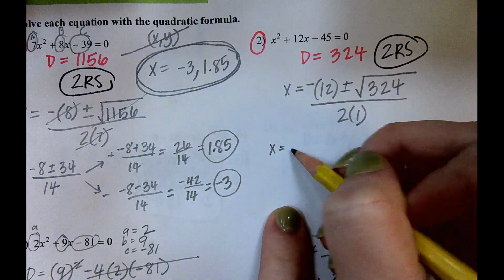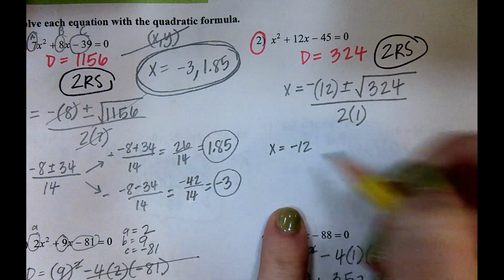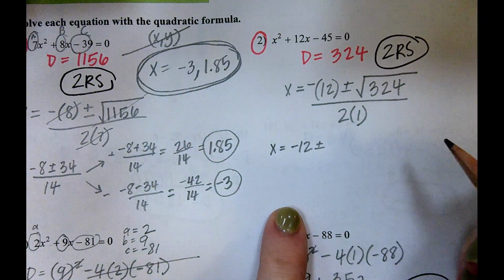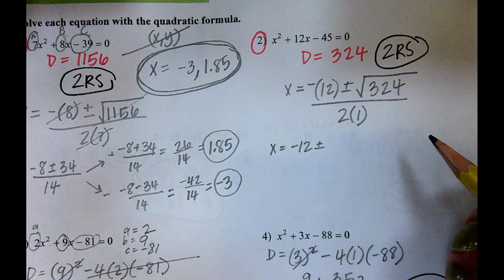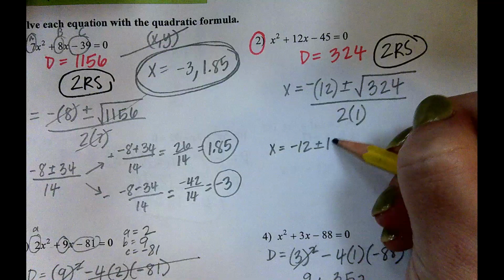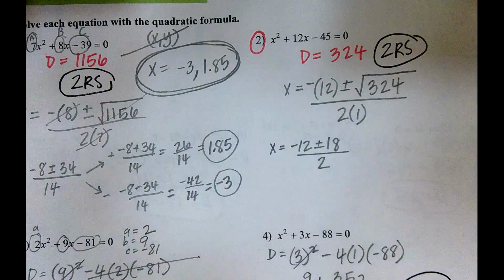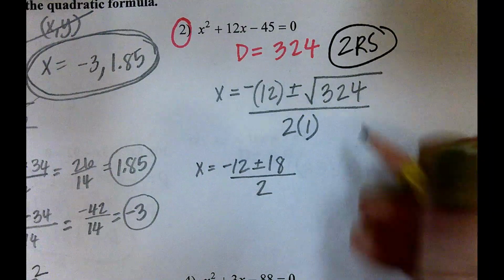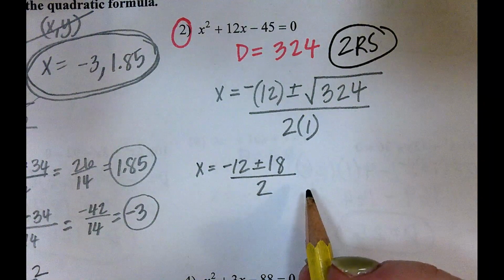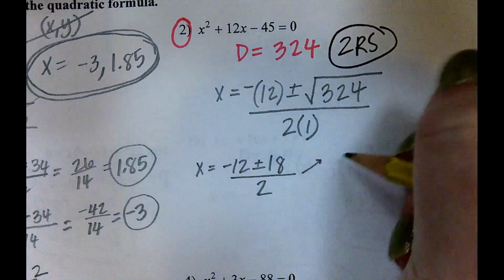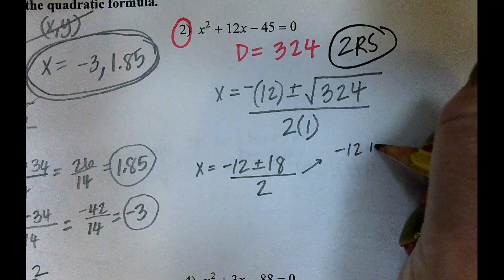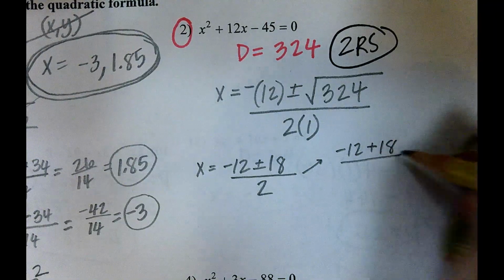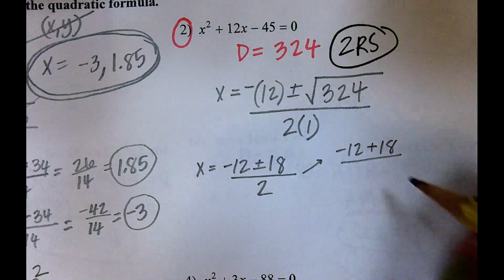Minus 12. Good. Plus minus 18 over 2. Perfect. 18 over 2. X equals negative 12 plus 18 over 2.